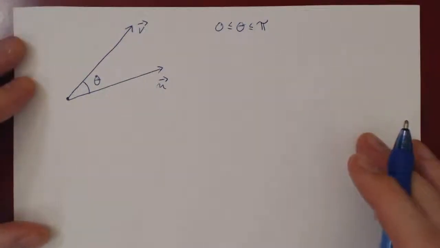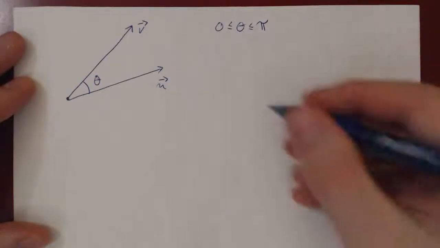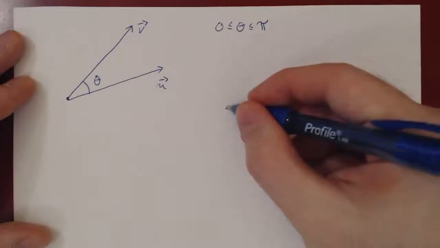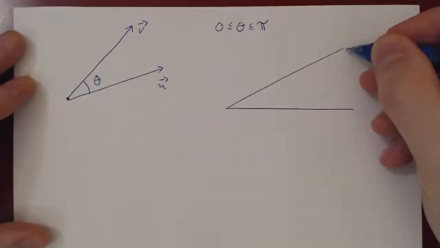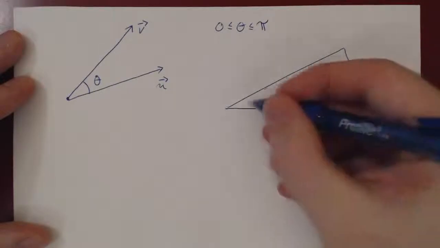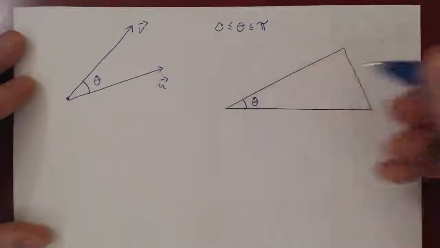If I give you an arbitrary triangle, let's draw it here, any triangle, it doesn't have to be a right triangle. Suppose the angle here is theta.